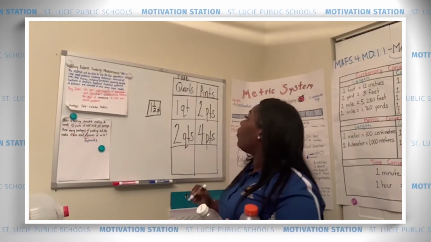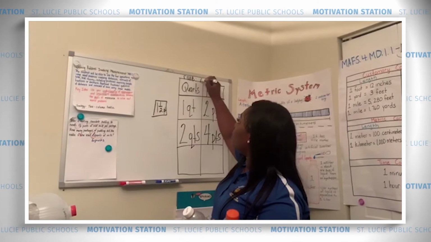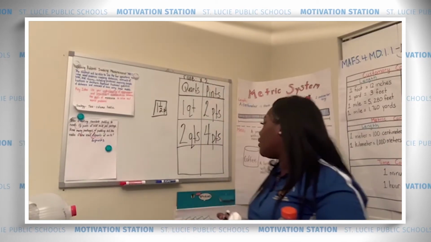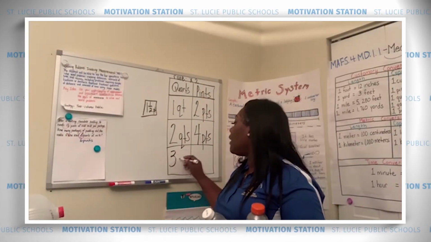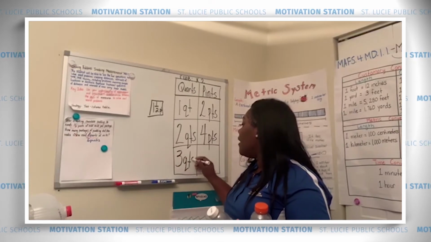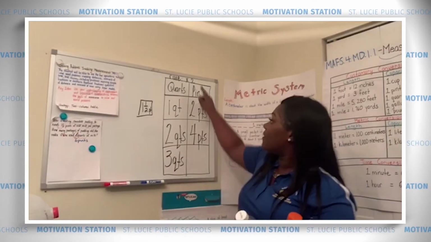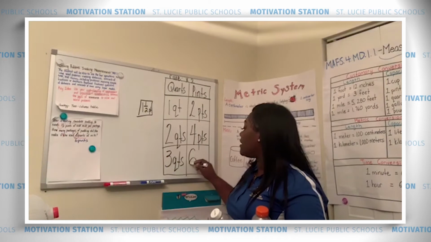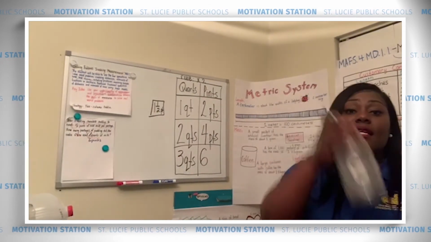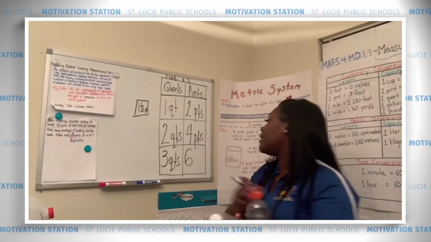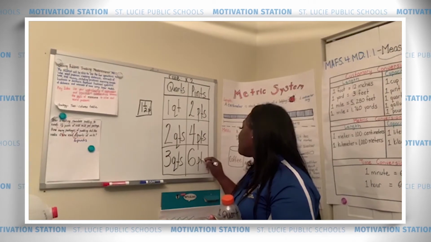When going from quarts to pints, the rule is to multiply by 2. So if I have 3 quarts, then that equivalency in pints is 3 times 2 equals 6. So 3 quarts is equivalent to 6 pints.